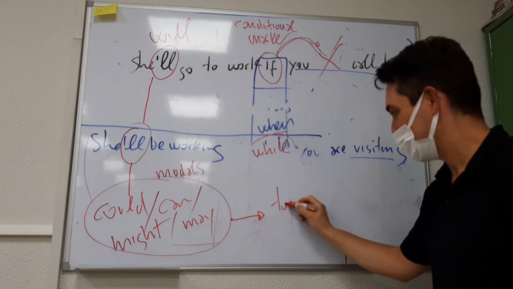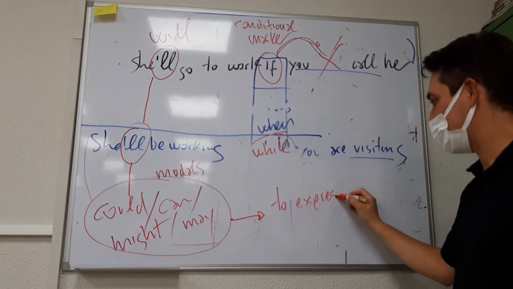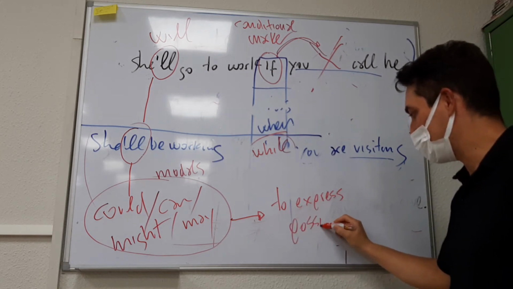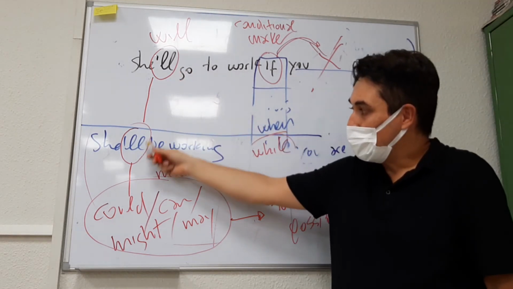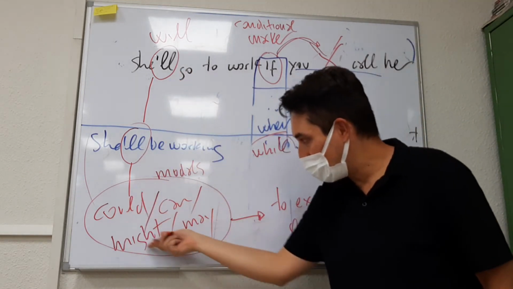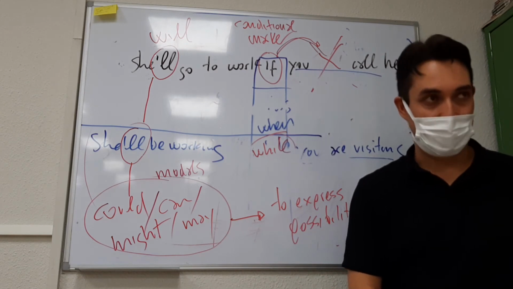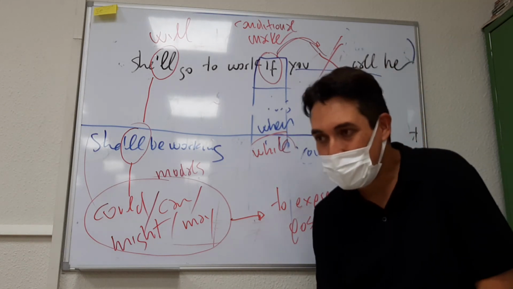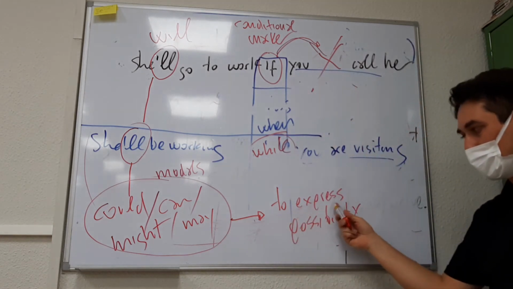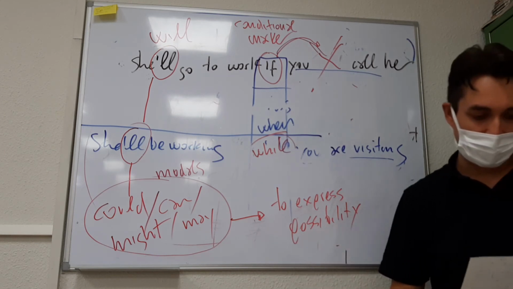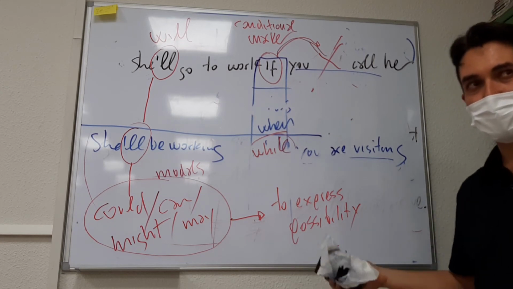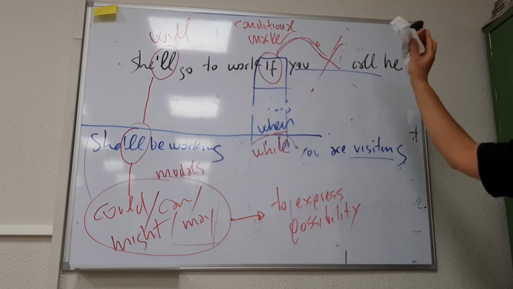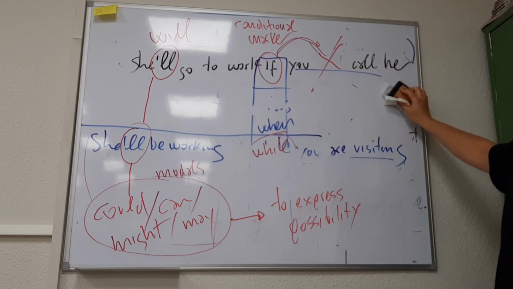To express possibility. So, can will be substituted by these modal verbs? Yes, it can. Just one more piece of explanation before I finish. Yeah, it's quite clear, isn't it?